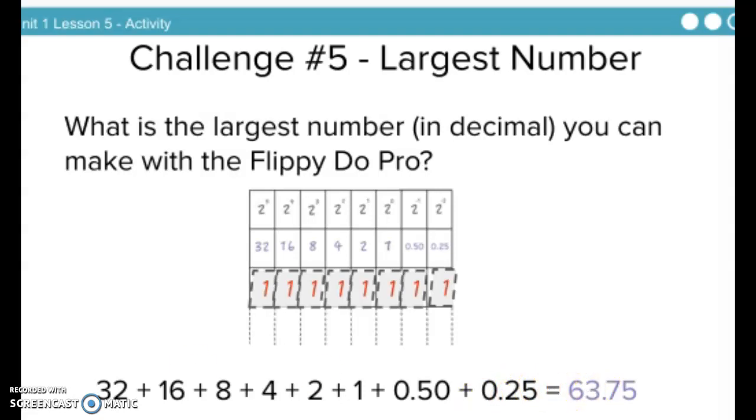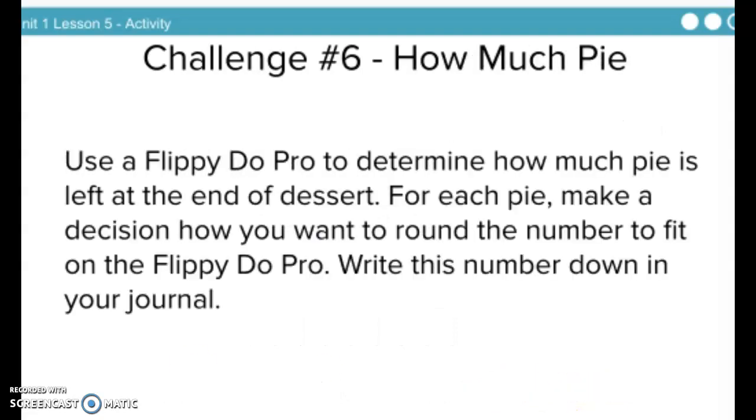Okay? Challenge 6, I'm going to have you go into breakout rooms and work on together. You're going to use a Flippy Do Pro, the one that we just had, to determine, and if you don't have the paper, just do it yourself on a piece of paper. Make it yourself. It's easy enough. Use a Flippy Do Pro to determine how much pie is left at the end of dessert. For each pie, make a decision how you want to round the number to fit on the Flippy Do Pro. Write this number down in the journal.